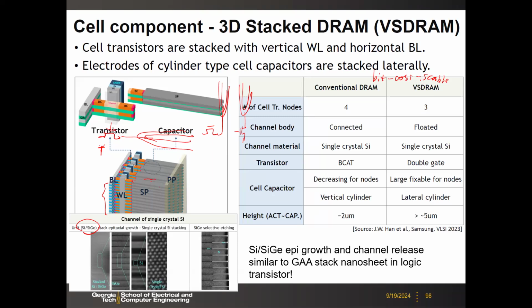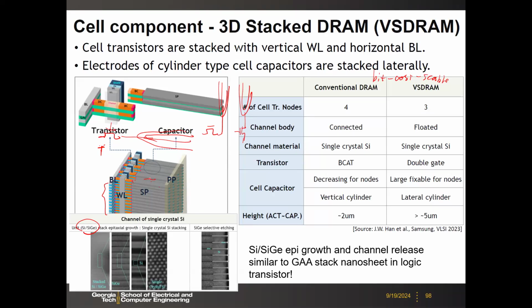Since we are talking about DRAM, to make the fabrication cost low you have to reduce the number of lithography steps or litho masks, because litho is the most expensive fabrication step.